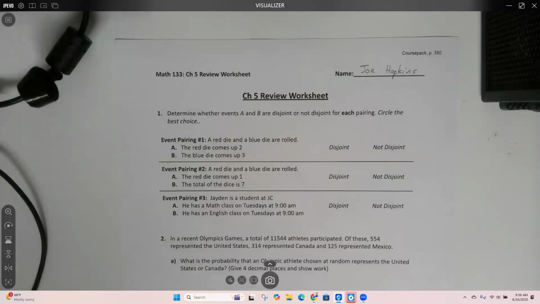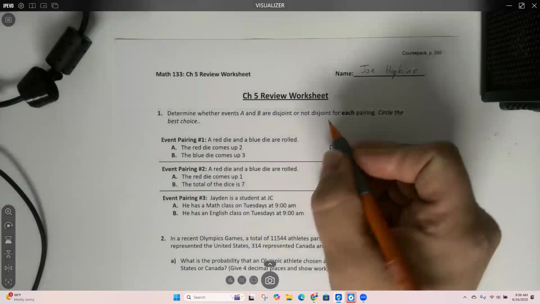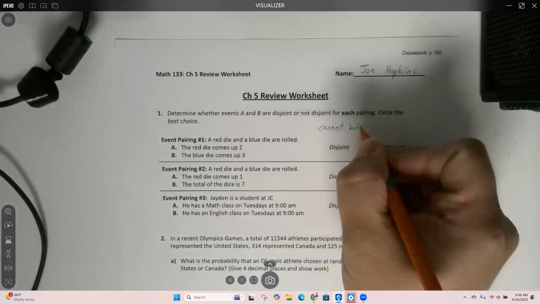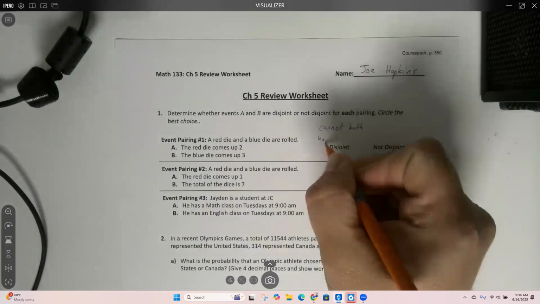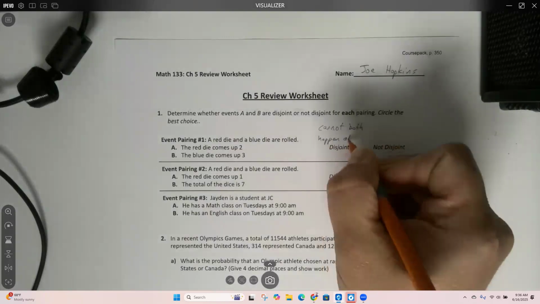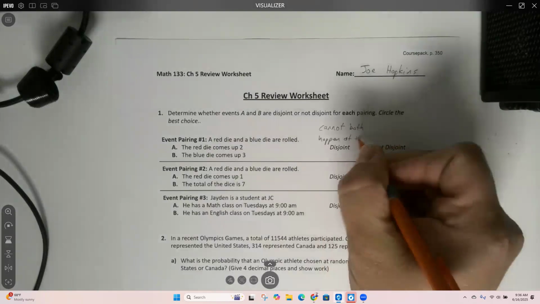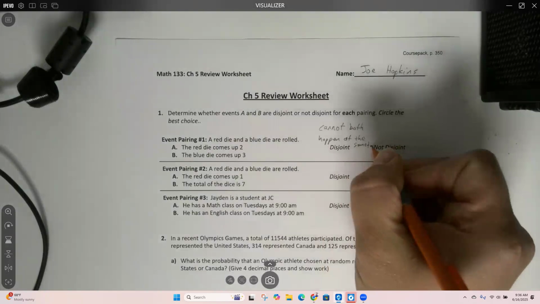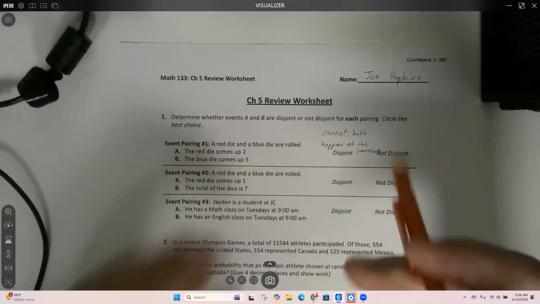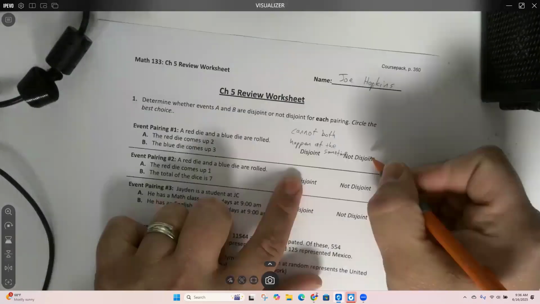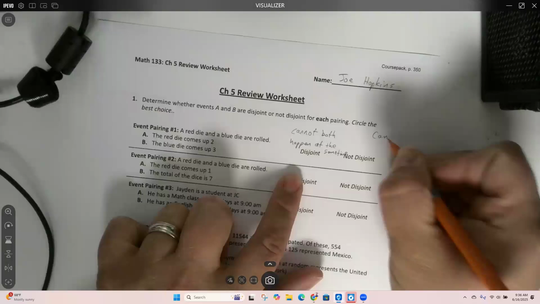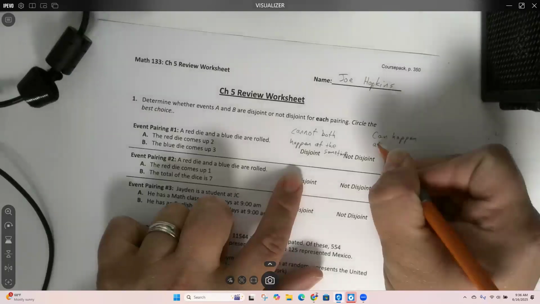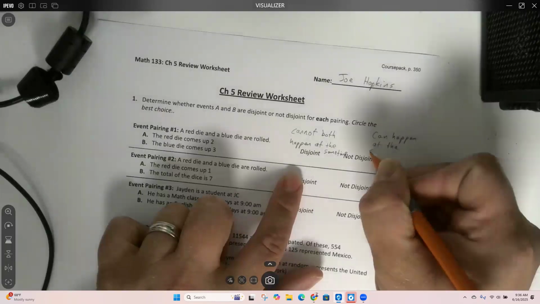Disjoint means that two things cannot both happen at the same time. Not disjoint means they can happen at the same time.